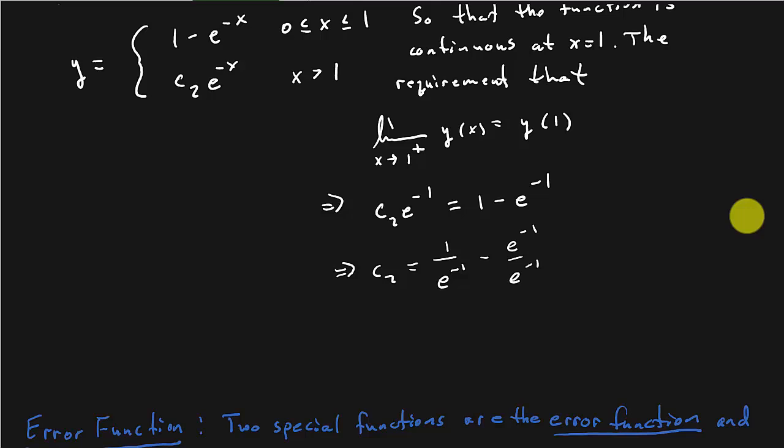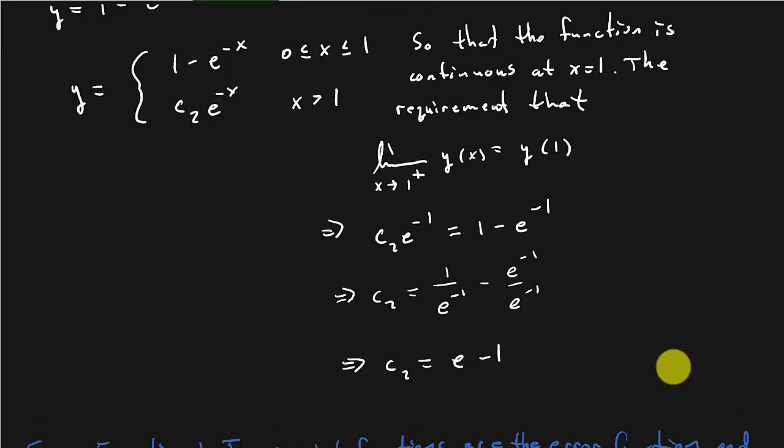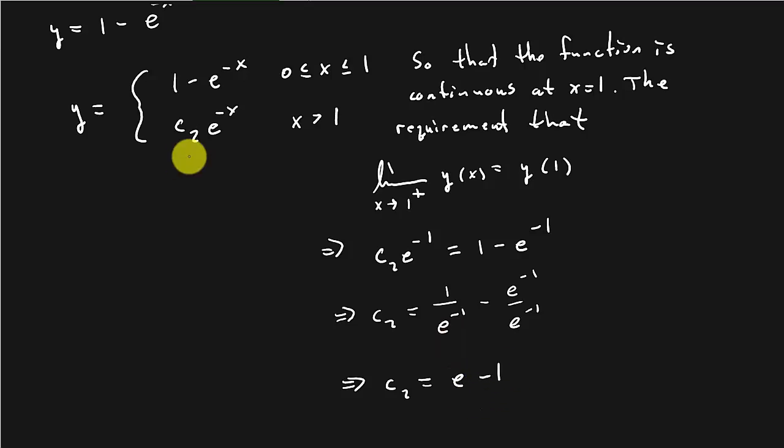And so this tells us that C2 is equal to e minus 1. So we're going to replace C2 with e minus 1. So we get y is equal to 1 minus e to the negative x.